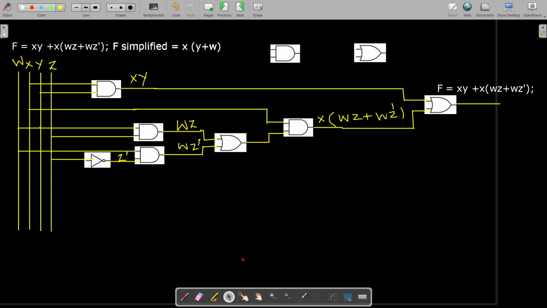Now we go for implementing this f simplified. In this we have the first term as x, that is ANDed with the second term y plus w.